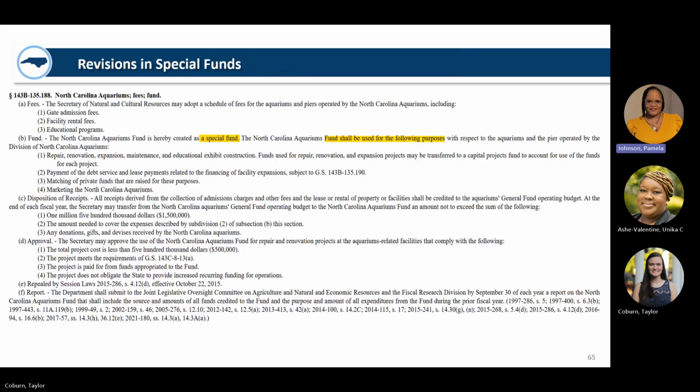General statute or session law may direct how special funds may be used. In this example, GS 143B-135-188 for the North Carolina Aquarium Fund, you can see in this highlighted area that it specifically states that it was created as a special fund and how the fund shall be used.